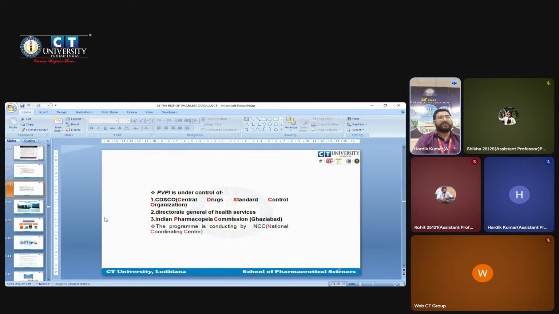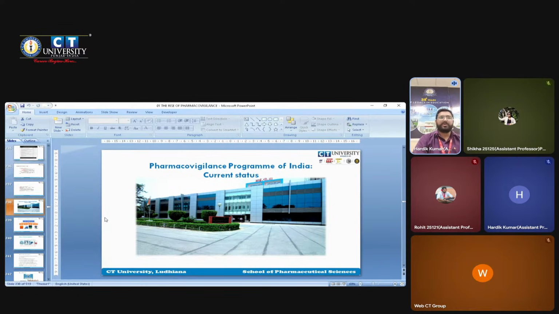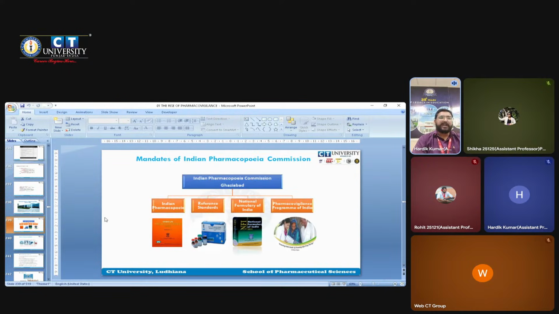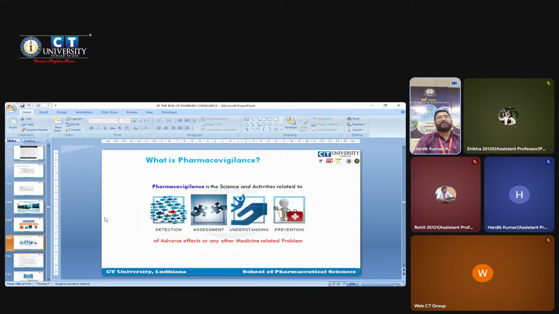Next, the current status of the Pharmacovigilance Program of India. The Indian Pharmacopoeia Commission, Ghaziabad, provides Indian Pharmacopoeia reference standards, the National Formulary of India, and the Pharmacovigilance Program of India. What is pharmacovigilance?